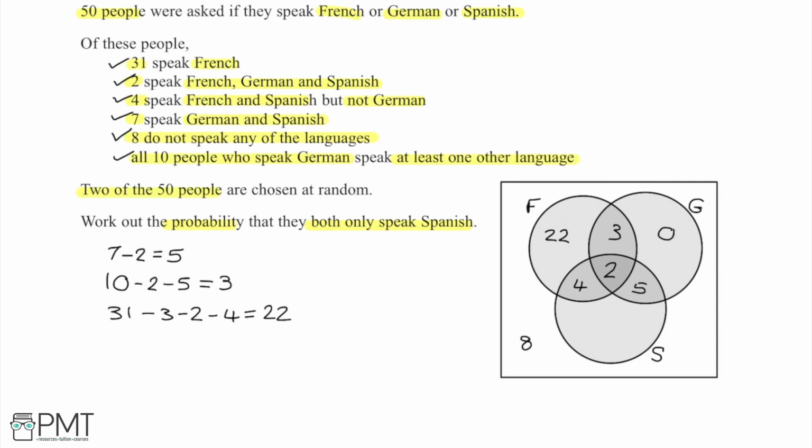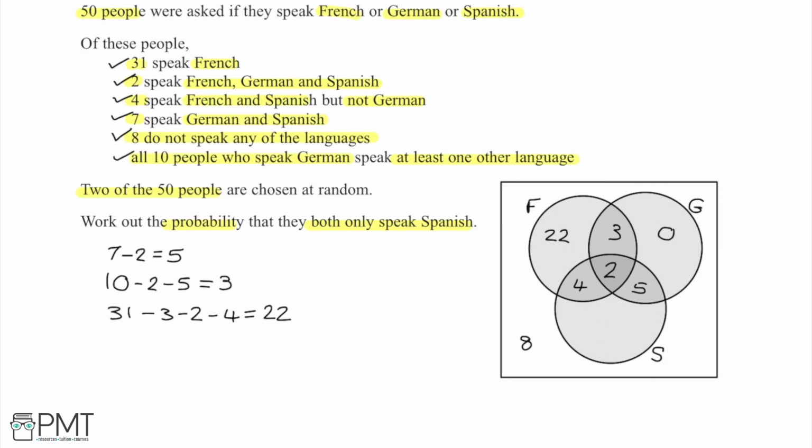And now we've got a lot more of a complete Venn diagram. However, we are just missing this one section here. However, this is what we need to work out. So we're working out the probability that they both only speak Spanish. So that is the probability that they're in this section. They only speak Spanish.